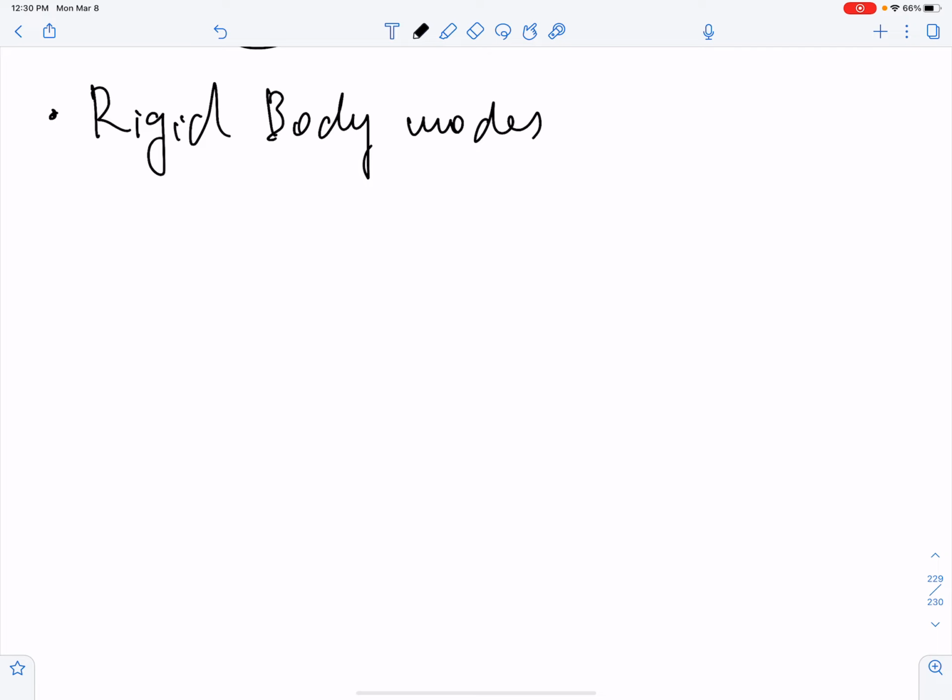Okay, so today I'd like to talk about a couple of things. It's an important topic, rigid body modes, specifically for the beam column element that we started last time.